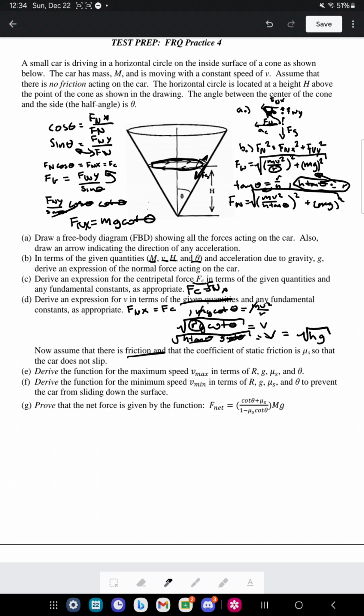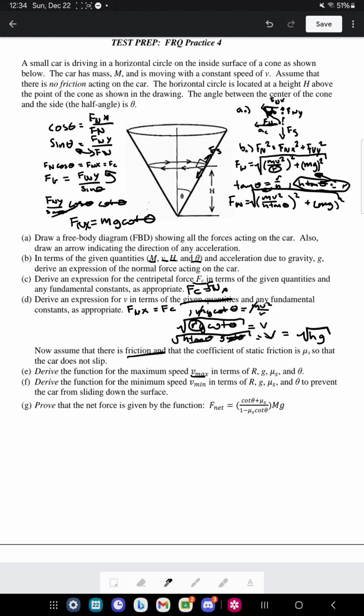And if the car is moving slowly, the opposite can be said. F of g will push it down, which means that static friction will be going up instead.